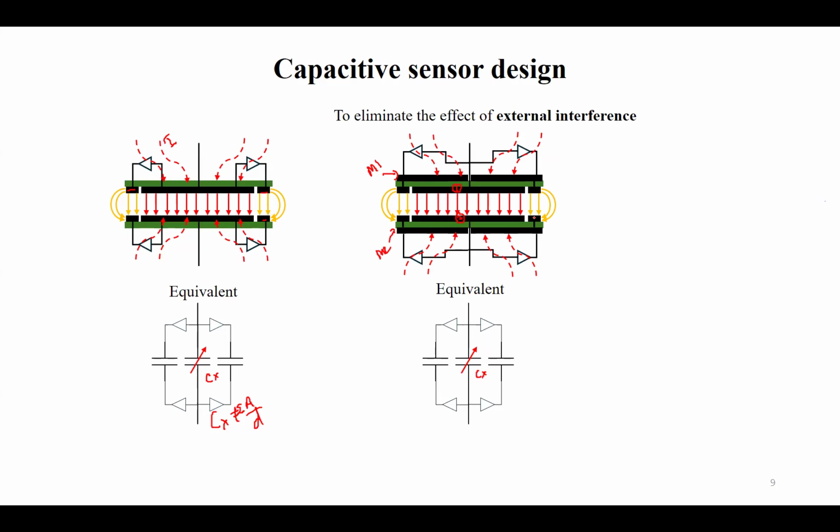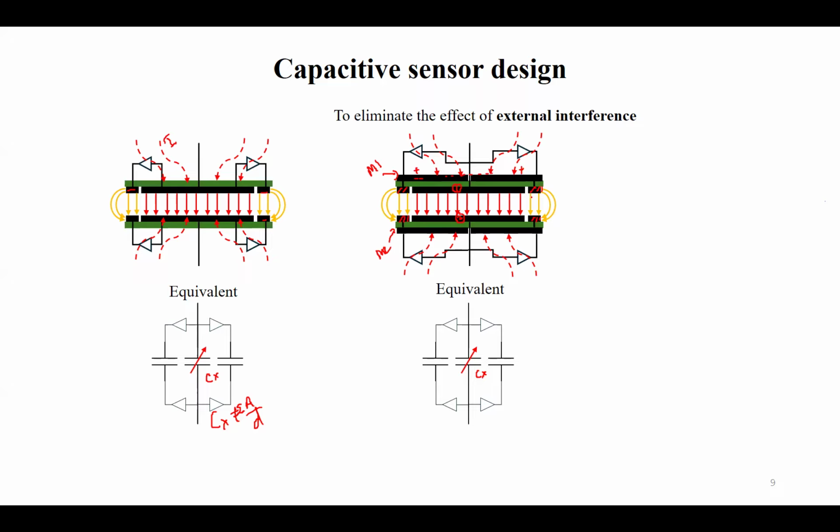Apart from that, we have the guard plates here for the fringing field, and we have a metallic plate here. This metallic plate again will connect to the same potential through the buffer.